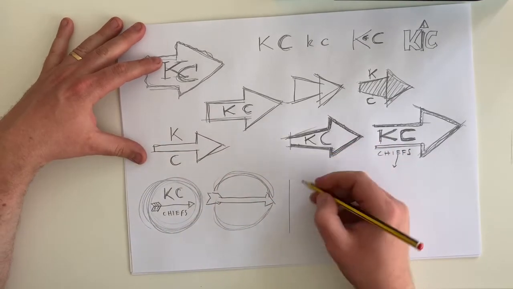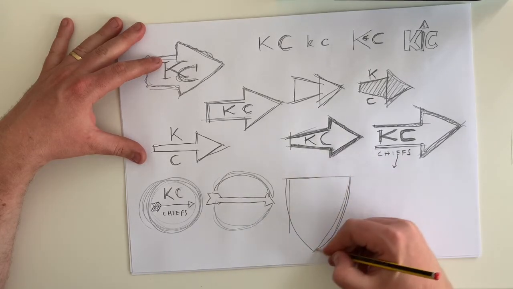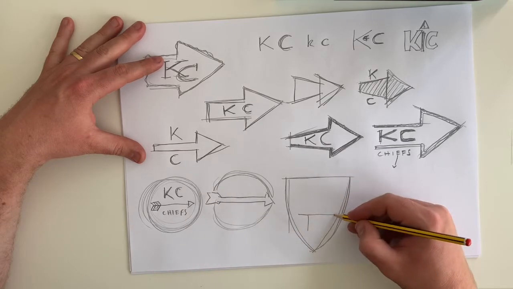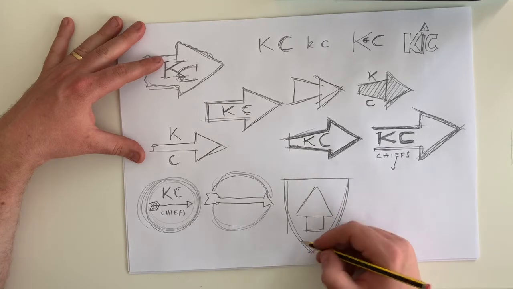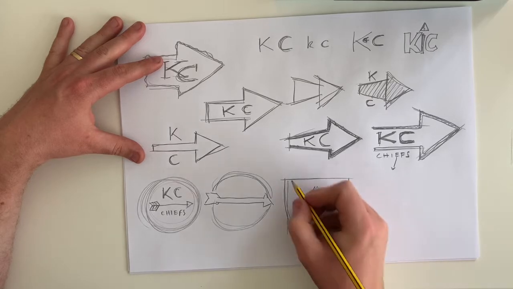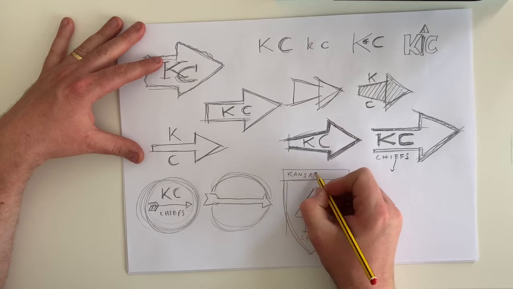Or if we go even more traditional, let's go for a kind of shield type idea. So you might start off with that. You might think, okay, how can I fit an arrow into that? Let's go really modern, just an up pointing arrow, up being kind of success. Chiefs in there, maybe up top you want to put your Kansas City.